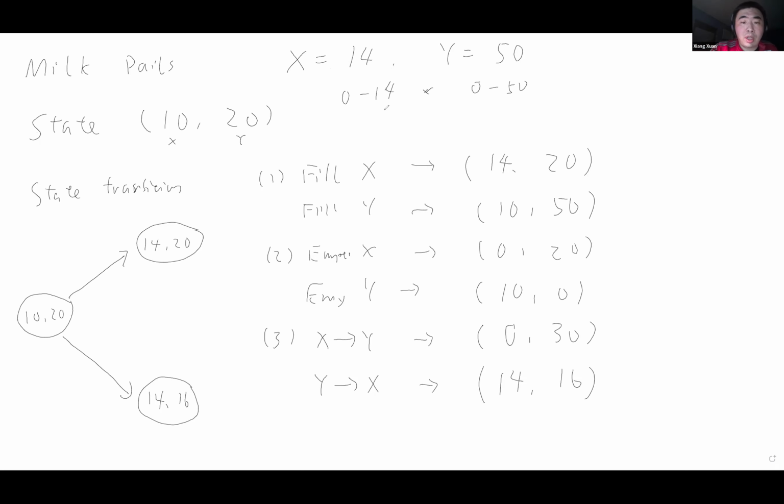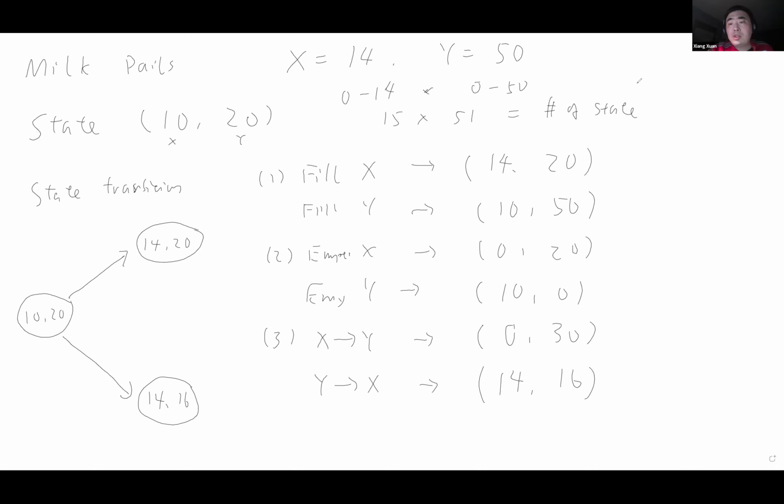In total you will have 15 multiplied by 51 different states. This is the number of states. However, we do want to point out that in this particular problem, these are all the possible states, but not every state you can reach.